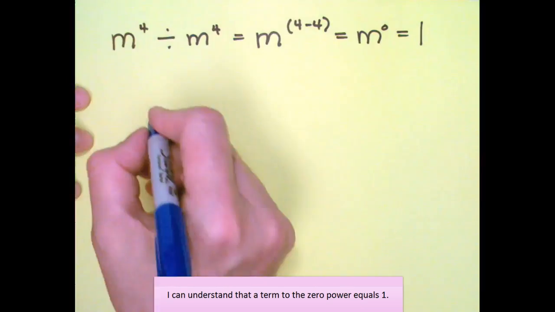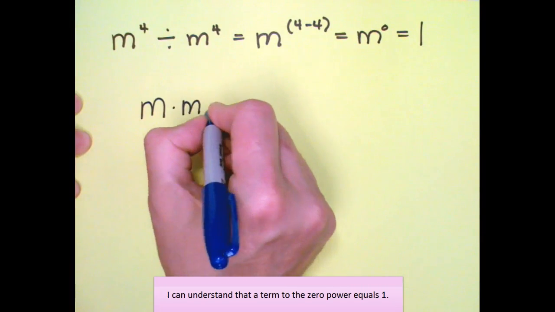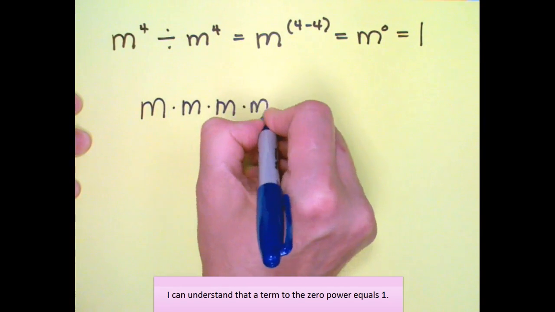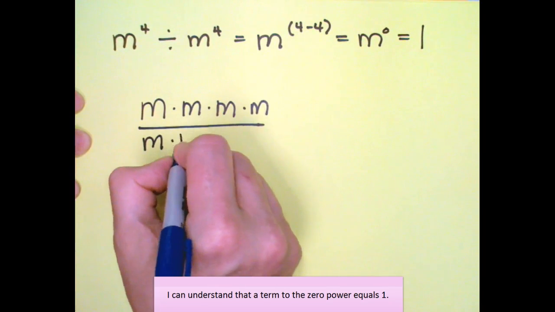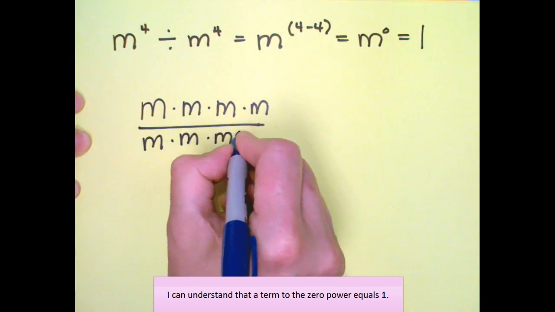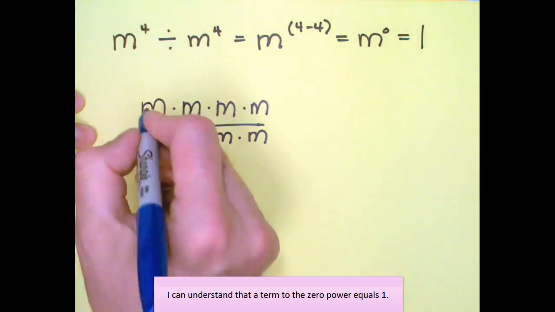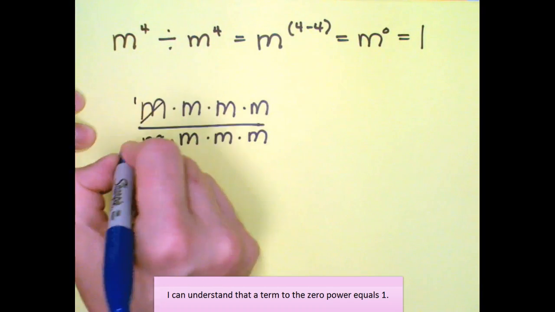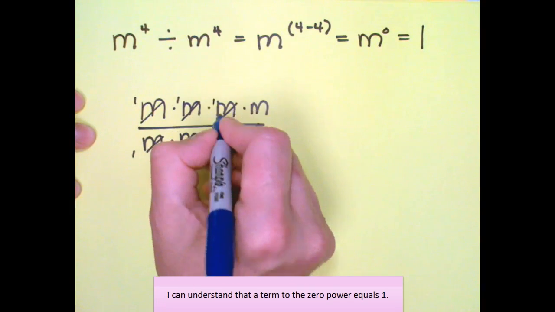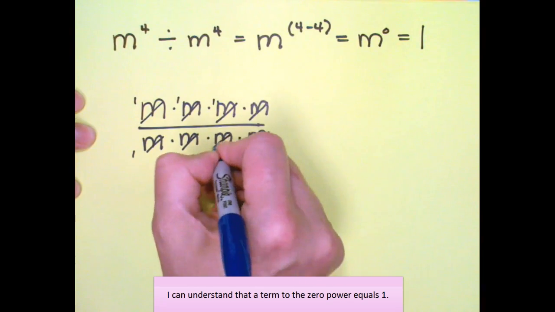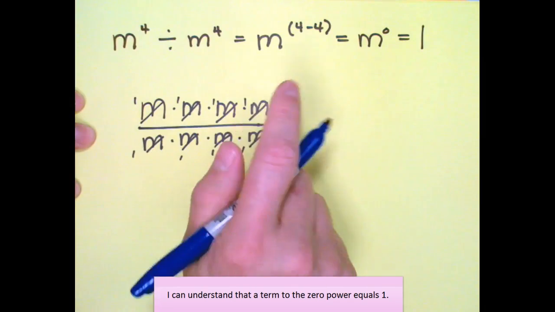Well, let's take a look at our example here. Okay, and what we have is m to the 4th over m to the 4th. And what happens as we divide this out, we can cancel out m over m, that's 1 over 1, 1 over 1, 1 over 1, 1 over 1, and so we get 1 times itself 4 times.